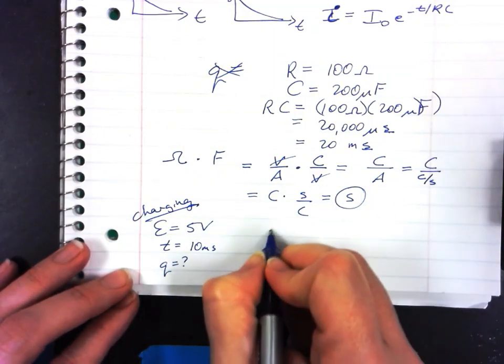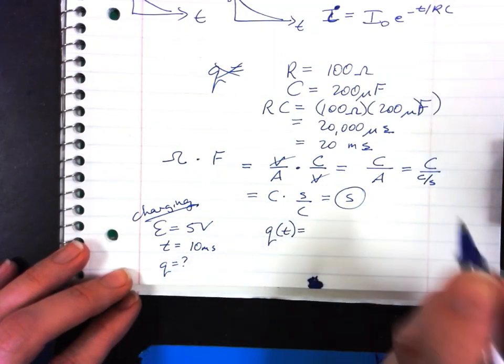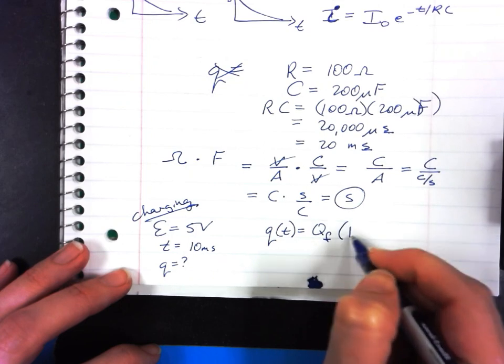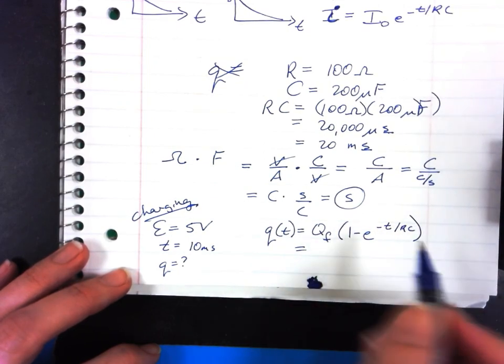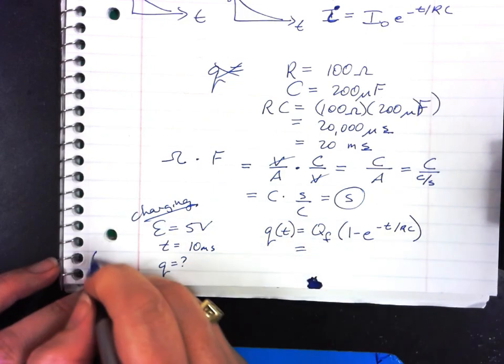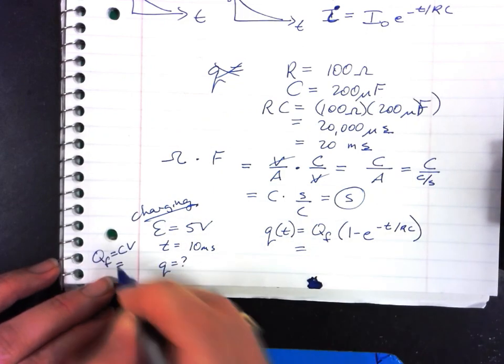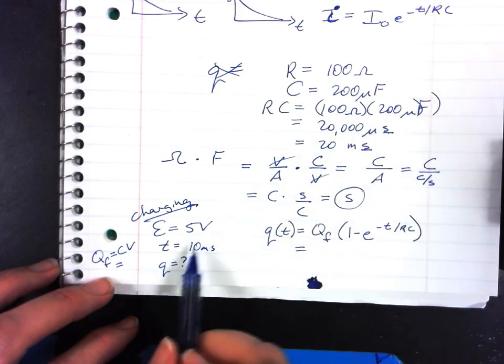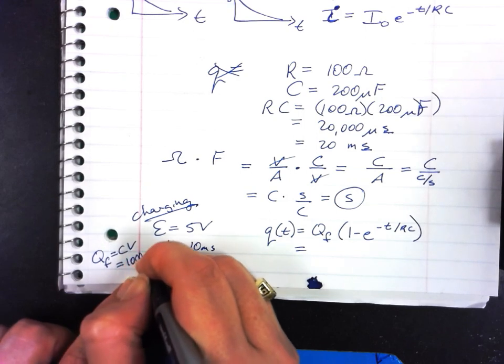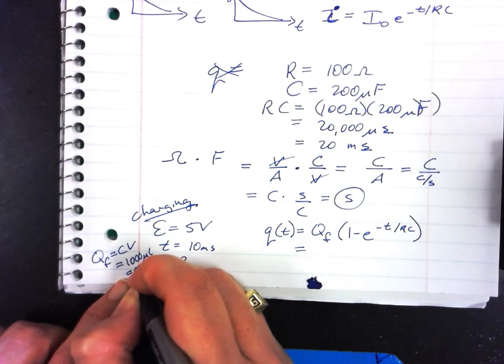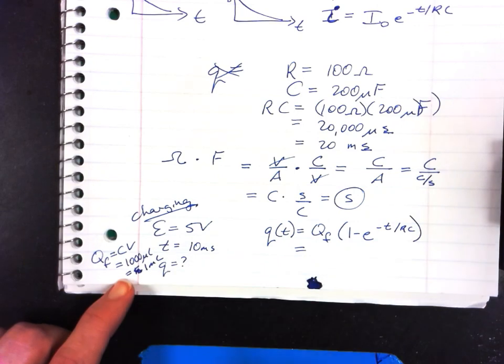While it is charging, I use Q of t equals Q final times 1 minus e to the negative t over RC. Q final is going to be C times V, so 200 micro times 5 is 1,000 microcoulombs, which would be better to write as 1 millicoulomb.